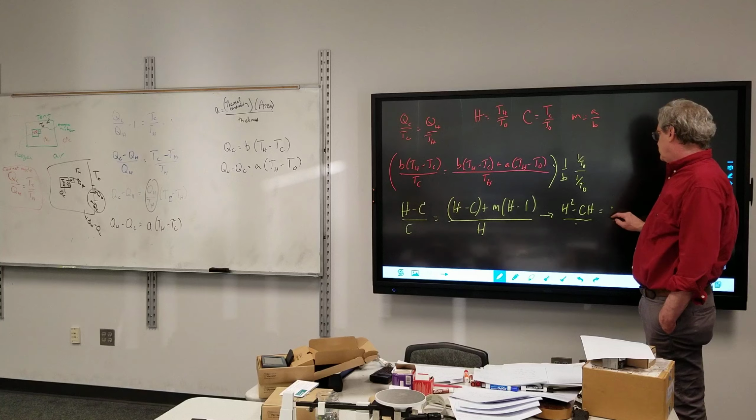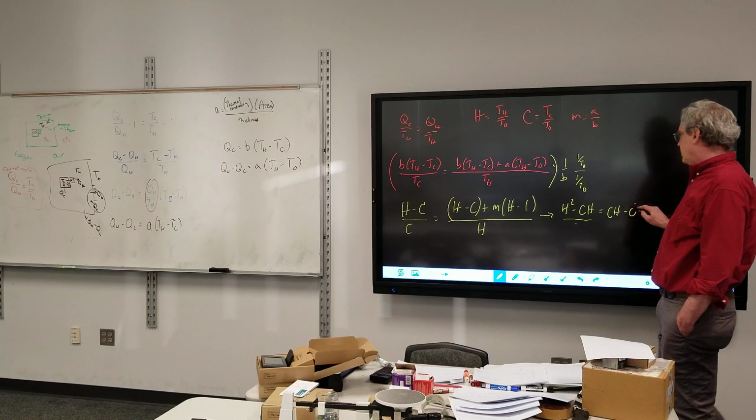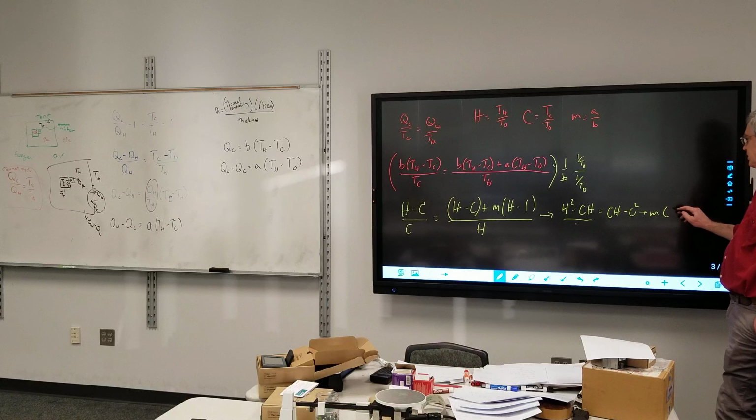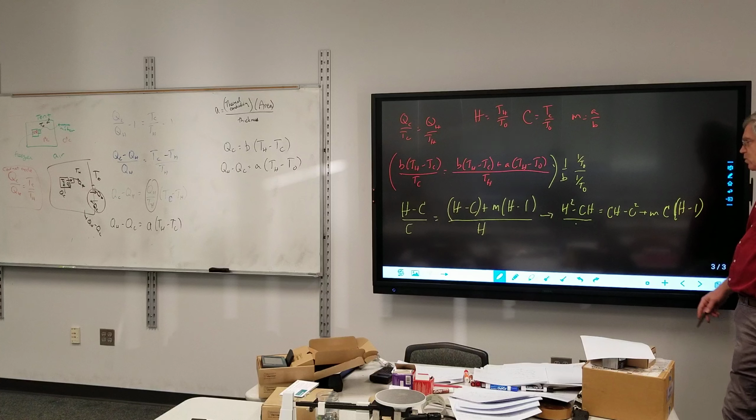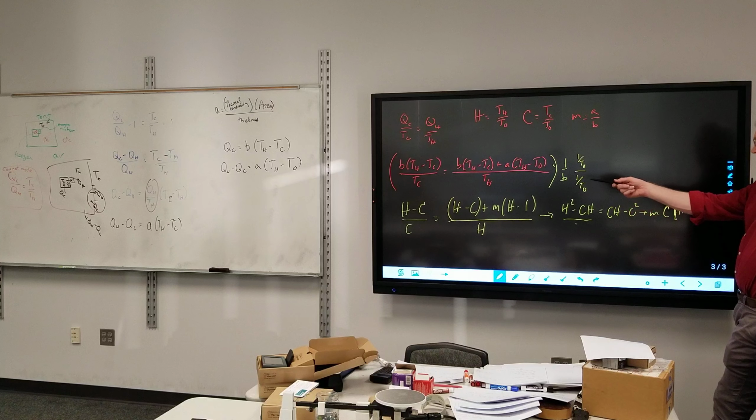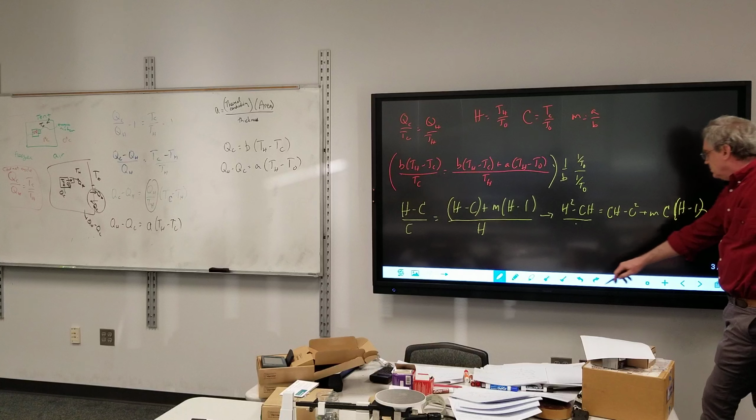It's equal to CH minus C squared plus MC times H minus 1. I'll do a quick check, make sure I didn't mess up somewhere. Multiply the left side by H, I get this. Multiply the right side by H, I got that, plus MC times H minus 1. Okay, it's looking reasonable.